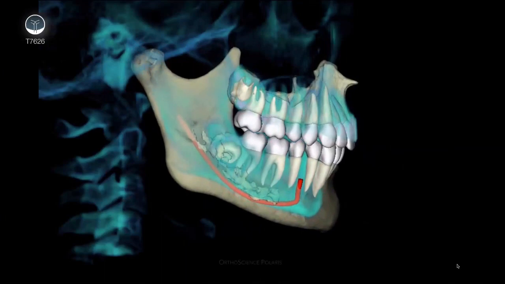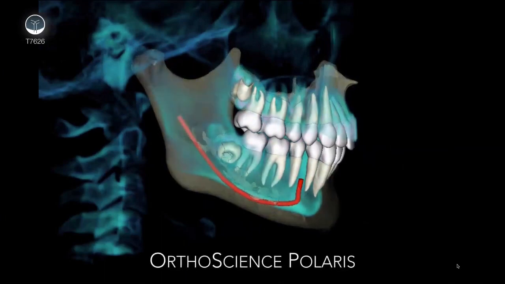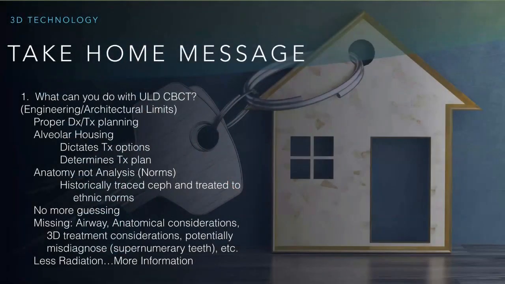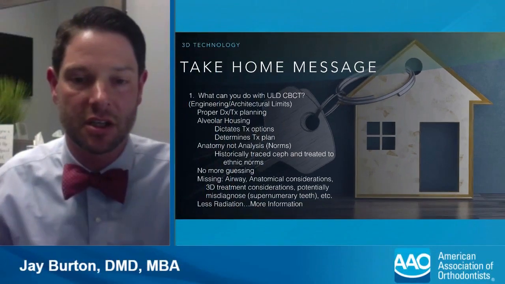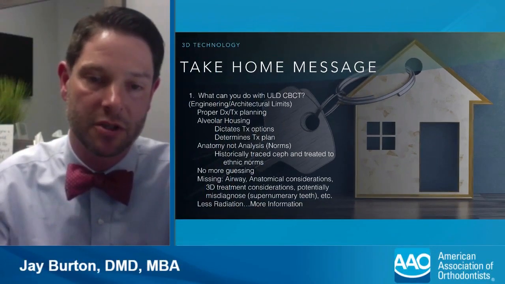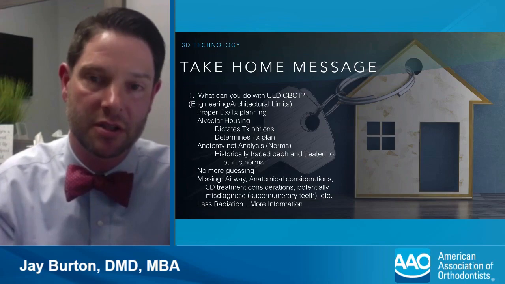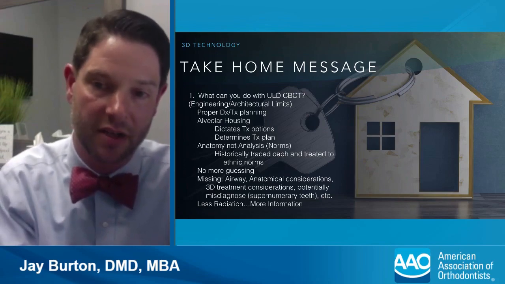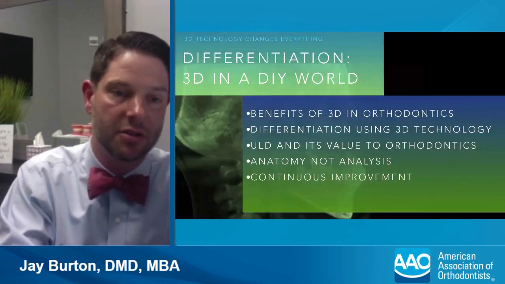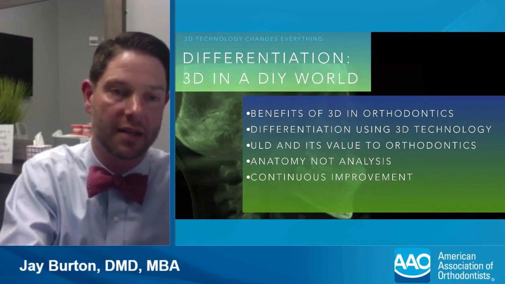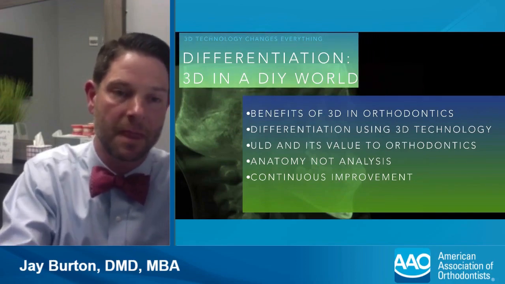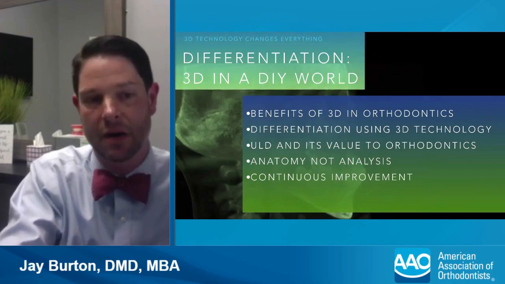It really makes it more about the patient's individual anatomy and not so much about historical norms that we were used to looking at. So there's no more guessing, there's no more missing. And in addition to all those benefits, there's less radiation and significantly more information so that you can treat your patients to a higher standard of care. So it allows you to differentiate your practice and yourself in a 3D, in a DIY world.